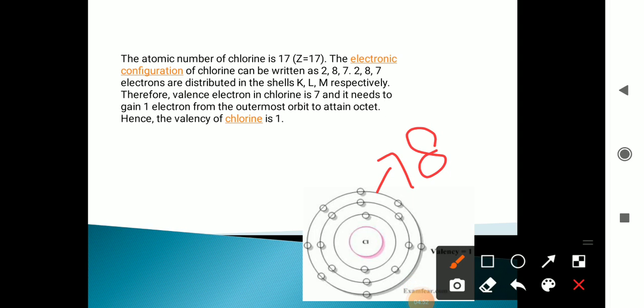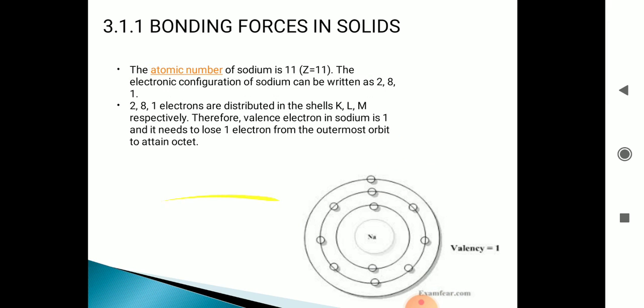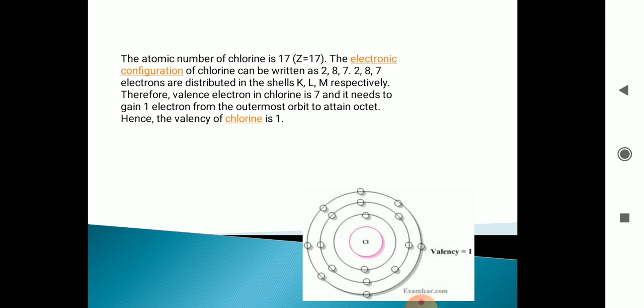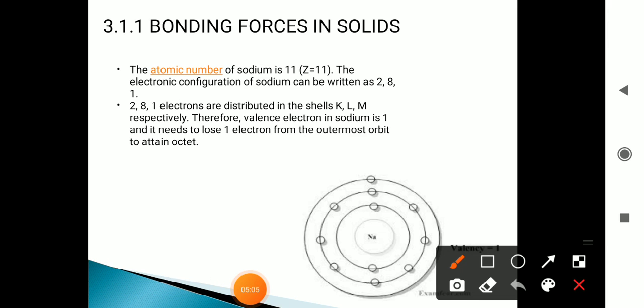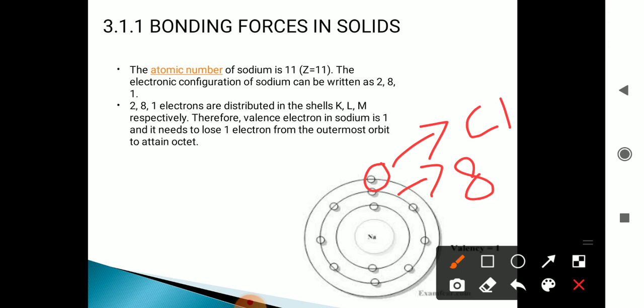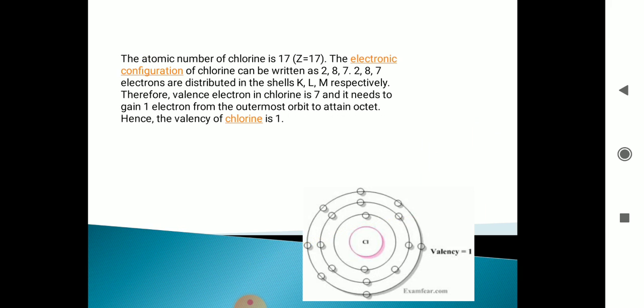And if sodium loses 1 electron, the second shell has 8 electrons, that is this shell. Now that it has given this 1 electron to chlorine, the outermost shell has 8 electrons. Now we can say sodium is stable.